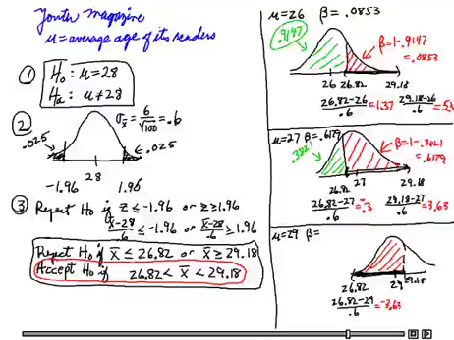And let's see what happens with the 29.18. I'm going to subtract the 29 divided by 0.6. And that turns out to be positive 0.3.